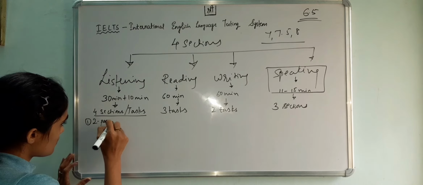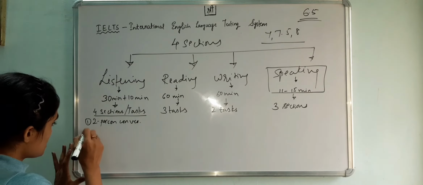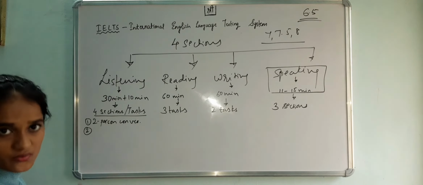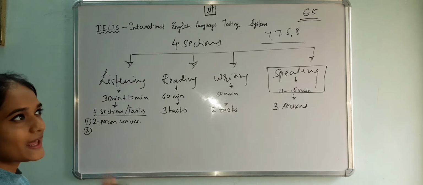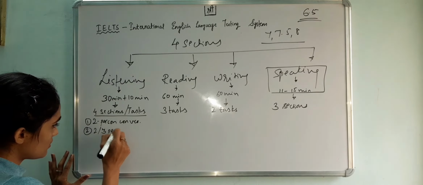In this first section, the first section is a normal two-way communication, a two-person conversation. In the second section, it's basically a conversation again, but it is a bit faster. We can say 2 or 3 people talk over here.